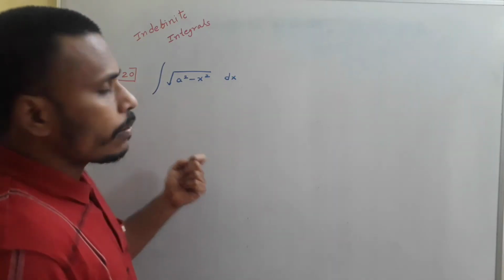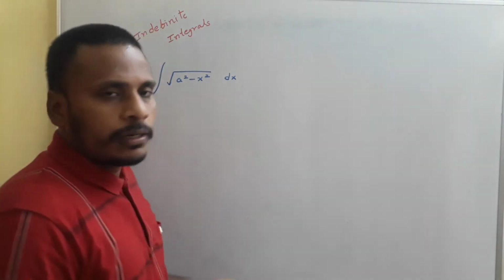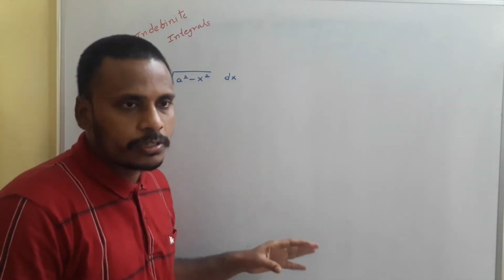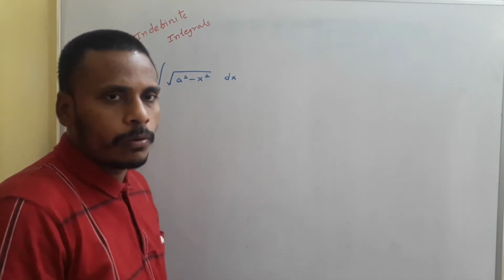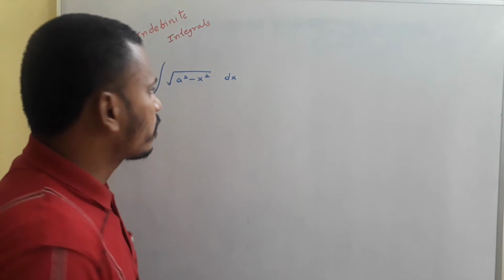Integral root of a square minus x square dx. In the 19th point I mentioned different trigonometric substitutions. Using those, now I am going to solve this problem. There are some other problems also using substitution, and this is one such problem.